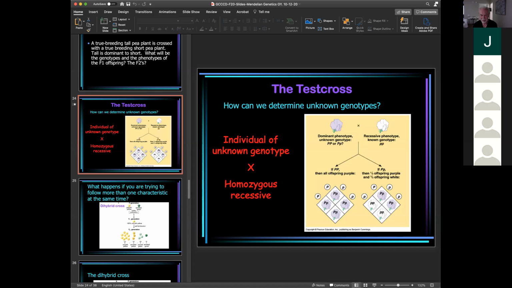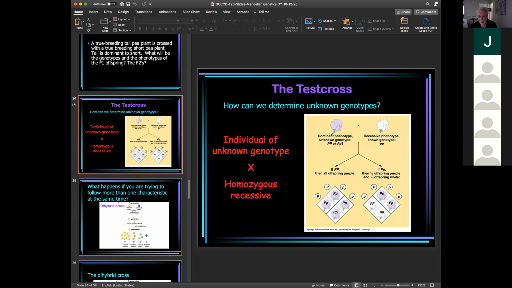Yeah, and that's true. You should be able to see on your screen now a slide that says the test cross. How can we determine unknown genotypes? You do that by taking the individual of unknown genotype and crossing it with a homozygous recessive. In this case, we're talking about flower color. So you have a plant with purple flowers.